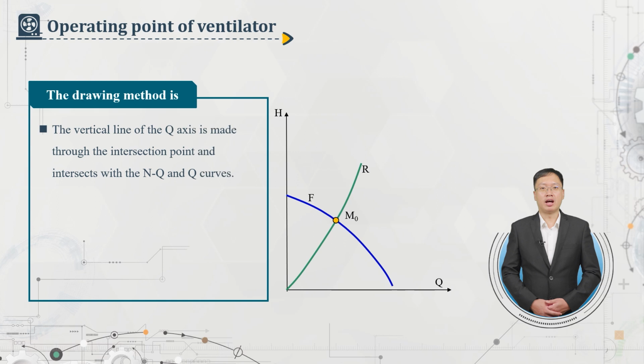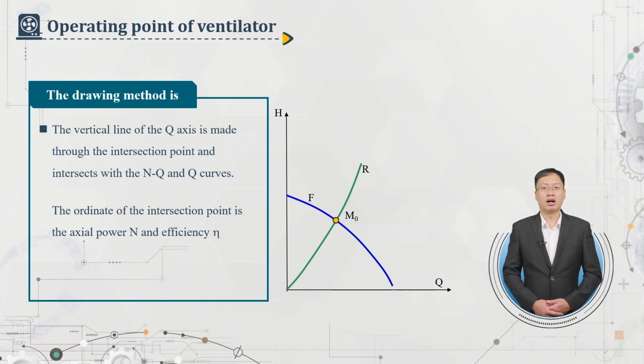A vertical line of the Q-axis is made through the intersection point, and it intersects with the N-Q and η-Q curves. The ordinate of the intersection point is the actual power N and efficiency η.